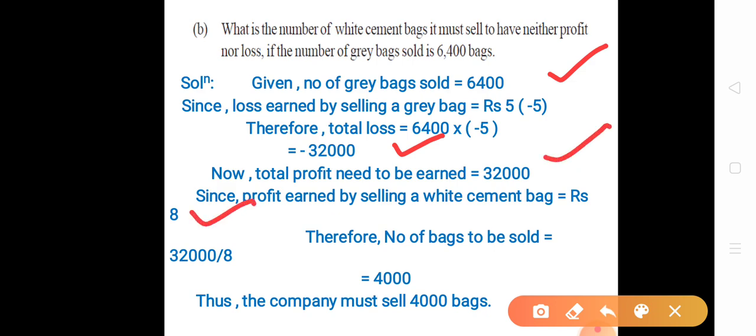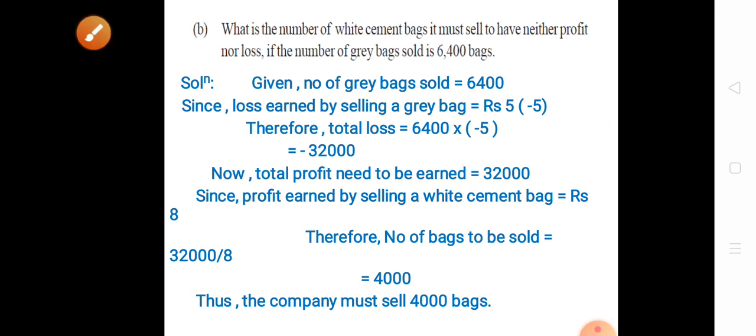And why 8? From the previous part itself, 8 is the money you are getting as a profit after selling one bag of white cement. So when we have divided it, the answer we are getting is 4,000. Simple division. Therefore, the company must sell 4,000 bags. Alright, let's go to the next question.